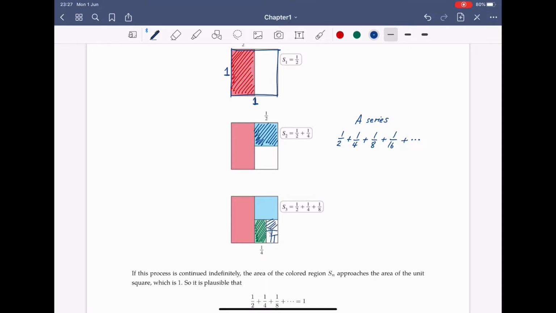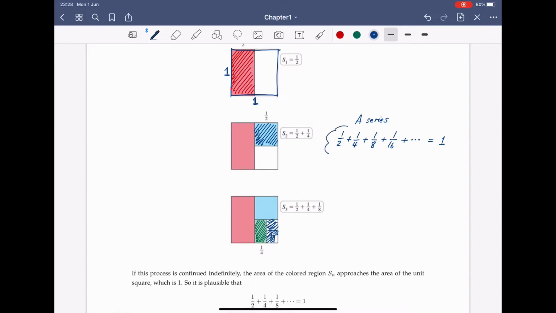So you get infinite terms. And eventually, this sum of infinite terms is equal to 1, because once you repeat this process, you're going to get the total area of the unit square, which is 1.